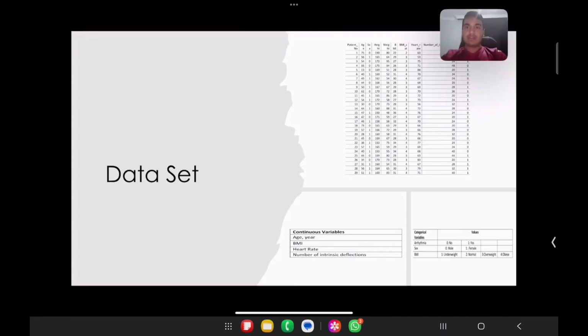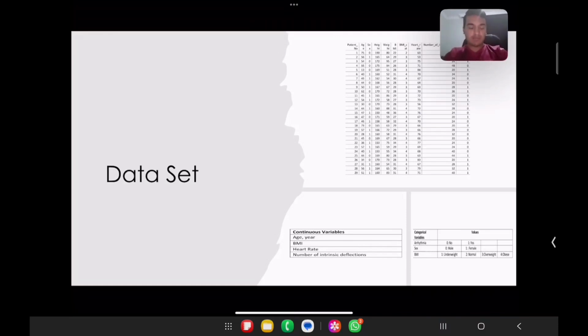We will talk about the arrhythmias from Group 5, and you can see the three text there. For example, firstly, you can see the general data set, and you can see age, sex, height, weight, and BMI, and so on. Some data sets, and you can see our continuous variables.